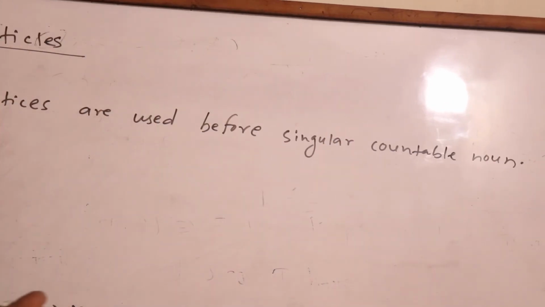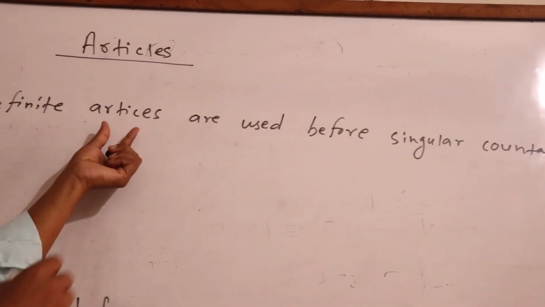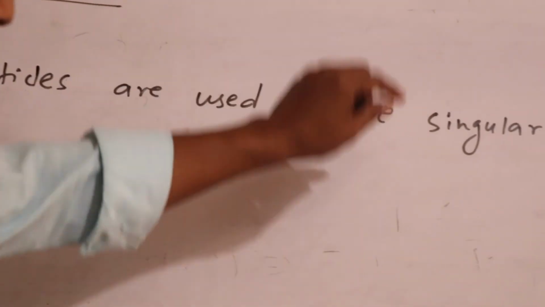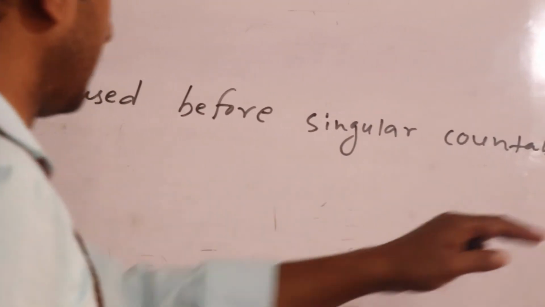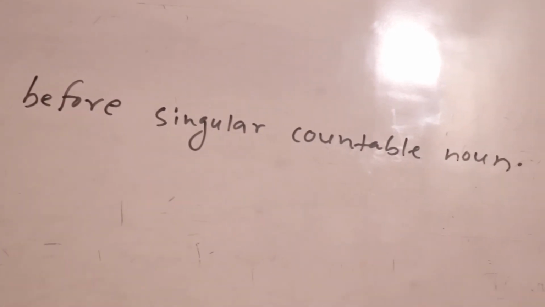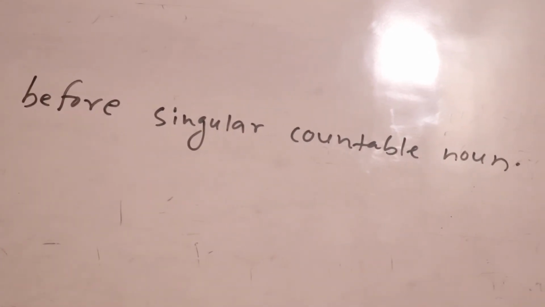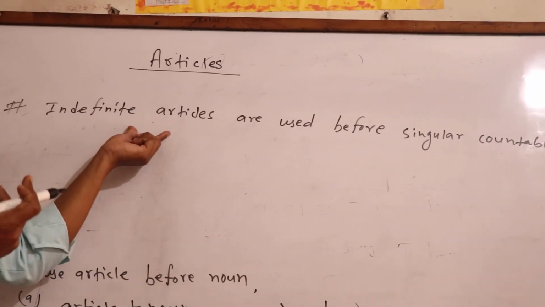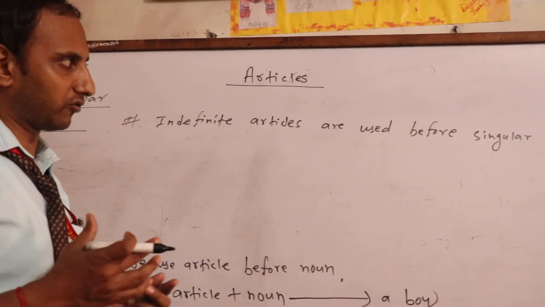Look here. Indefinite articles are used before singular countable nouns. We cannot use indefinite articles a or an before uncountable nouns.